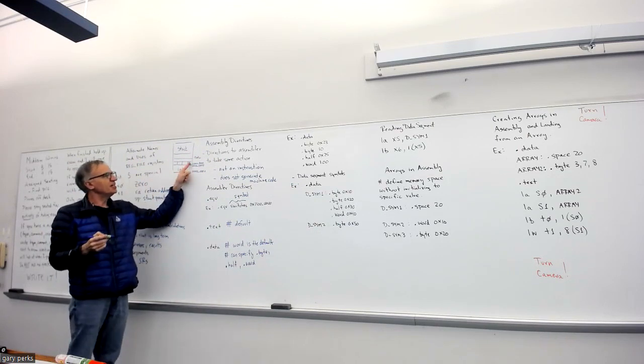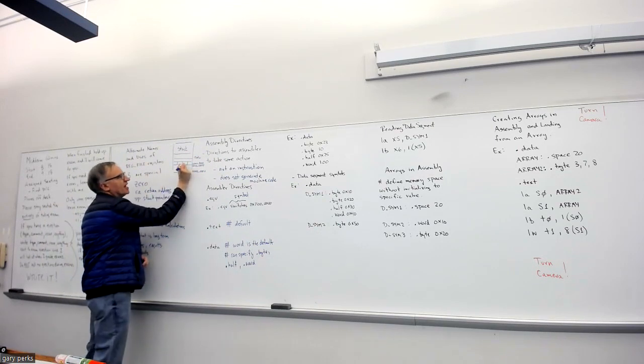So this first byte has address 6000. This next byte would have address 6001. Again, this is in hex. This would be 6002, 6003, then go up to 6004 and so on. Every 32 bits is separated by 4 in address.